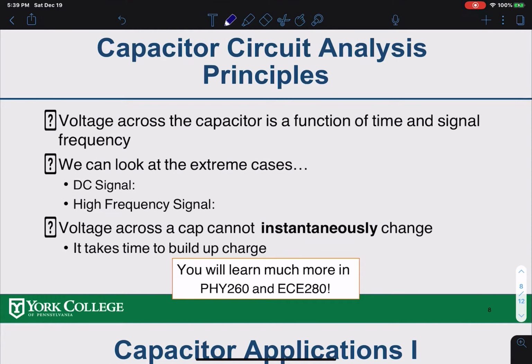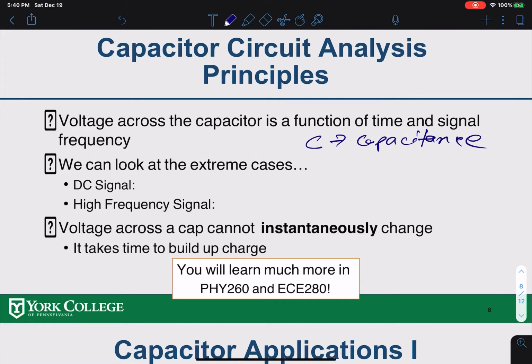So the resistor we used before is not dependent on frequency, but the value of the capacitance depends on frequency. What I mean by that is, your C is your capacitance, right? C is capacitance, but that is not your capacitive impedance.